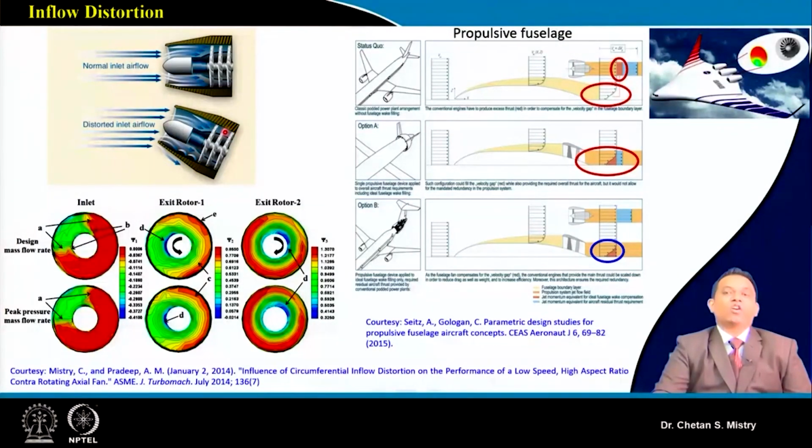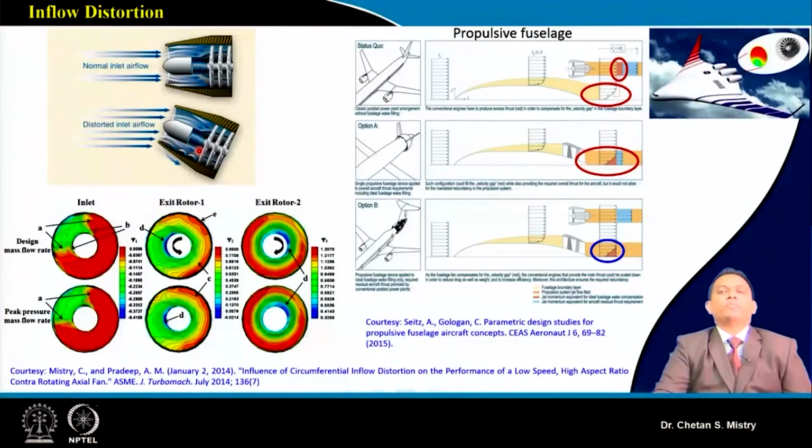When we are taking off or landing, it may be possible that in some regions the air will not go as per our expectation, and we have different kinds of inflow distortion. These inflow distortions are because of change of temperature, change of total pressure, change of velocity, presence of wake, or maybe climatic change.